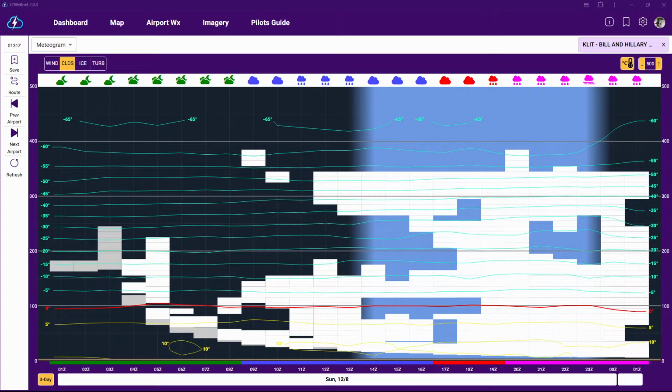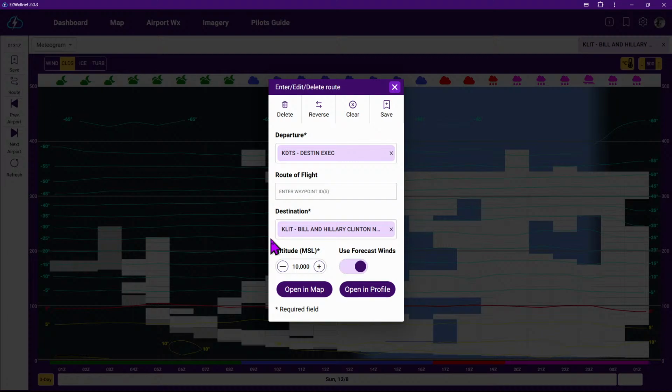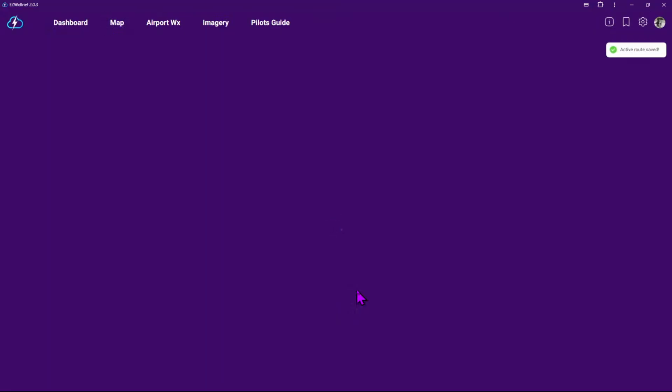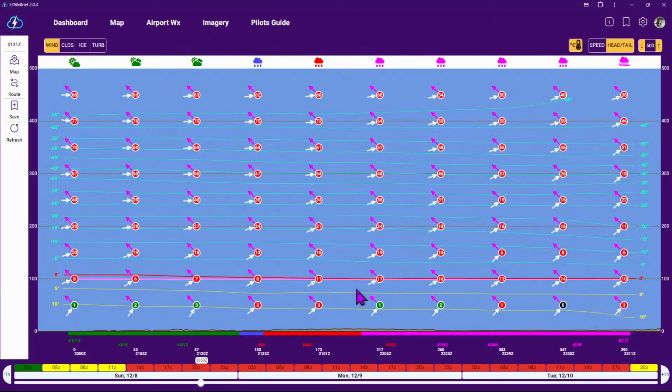And let's look at the route profile real quick to see the route itself and hopefully better understand what's happening here. So there's our direct route of flight at 10,000 feet, and we're going to open that in the profile view. So we can see things, for instance, like what's happening with the freezing level along that route, whether there may be some icing concerns, and also generally look at the cloud depiction along that route.